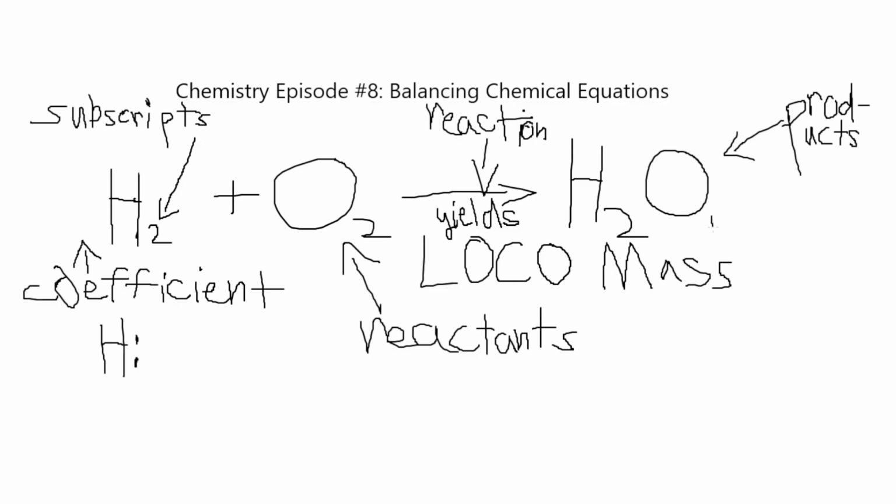So like here, this O, that means just 1, and there's no coefficient here, so you can just assume 1. So there's one molecule of H2, and in H2 there's two hydrogen atoms. So you just multiply those, so you have two hydrogen atoms on the left side, at least right now.